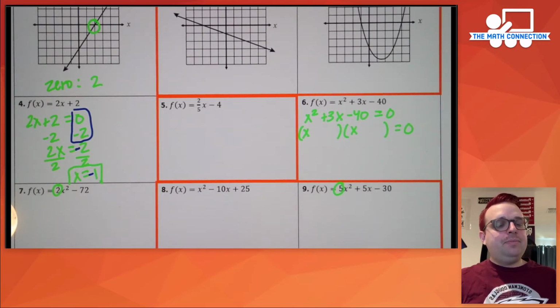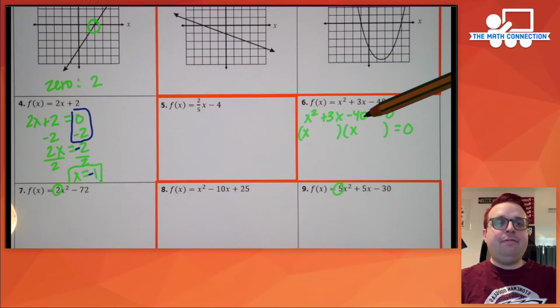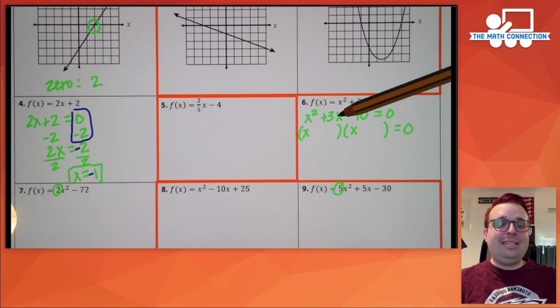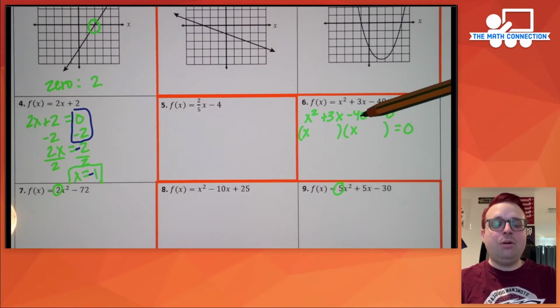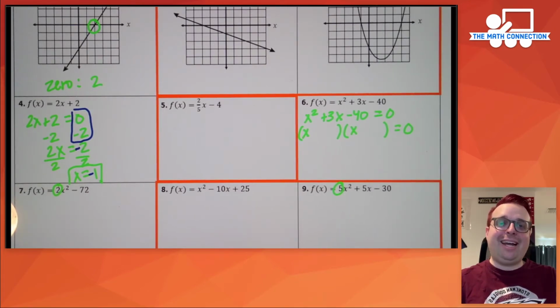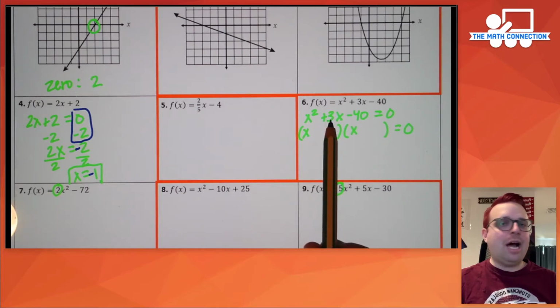Okay, now I'm looking for 2 numbers that multiply to -40 and add to 3. And I already know what they are. It's 8 and 5. You just have to figure out the combination of what's plus and what's minus because they have to multiply to -40, which means one of them is going to be positive and the other one is going to be negative. So if I have -8 and I add 5 to that, that's going to give me -3, which is not what I'm looking for.